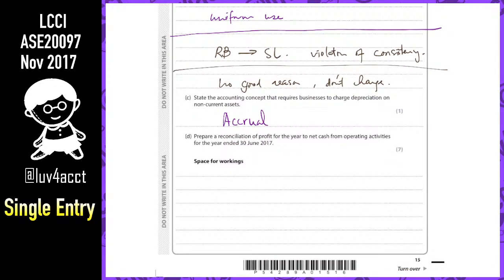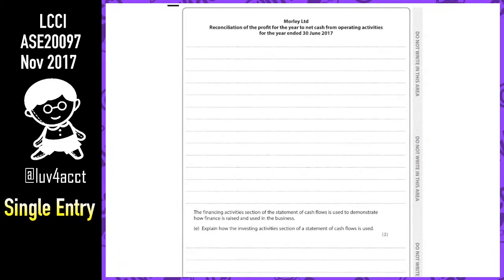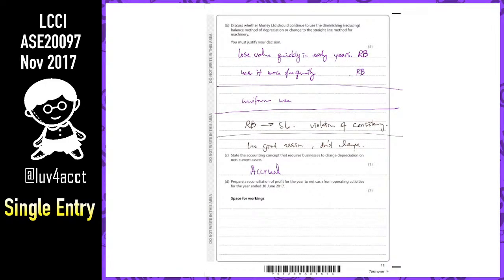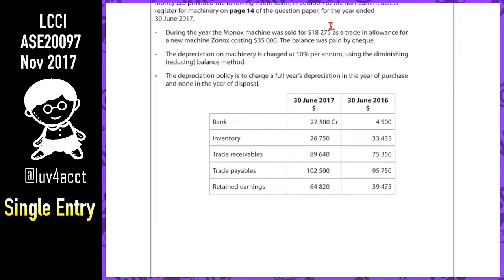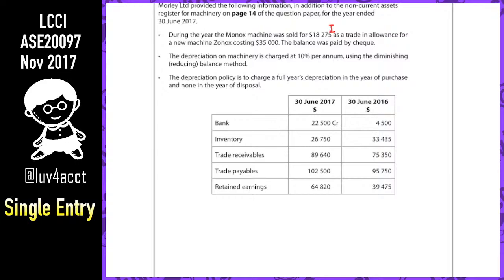Next you have the preparation of the reconciliation of profit to operating activity. Are you given the profit? I guess so. Let's see. Profit for the year. You are not given directly the profit, but you are given retained earnings.